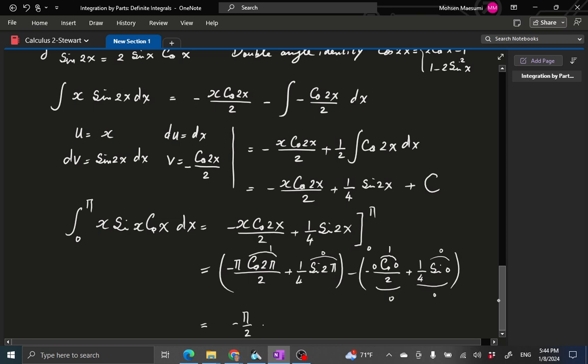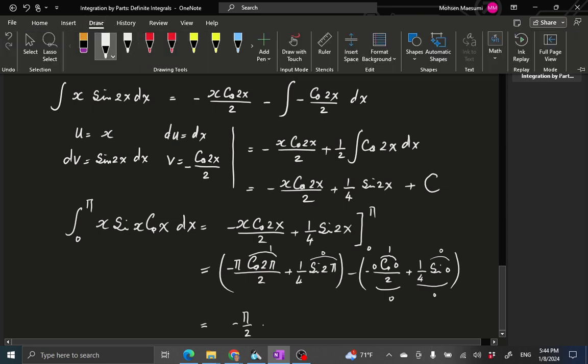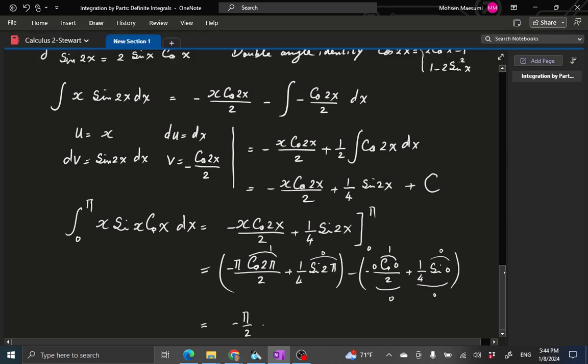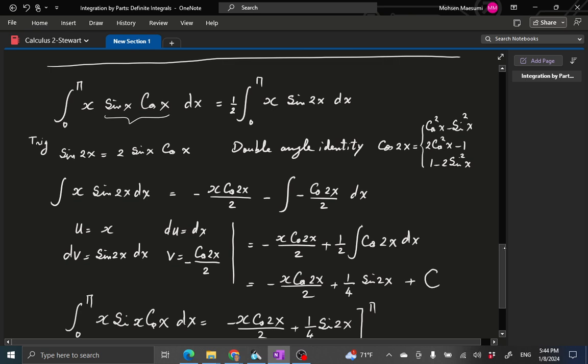Okay, except that I noticed that I made a mistake. Let me go ahead and correct myself by doing it in red. So let's see. The problem became a bit lengthy, so I forgot that when we did this, a factor of 1/2 was in front of this.